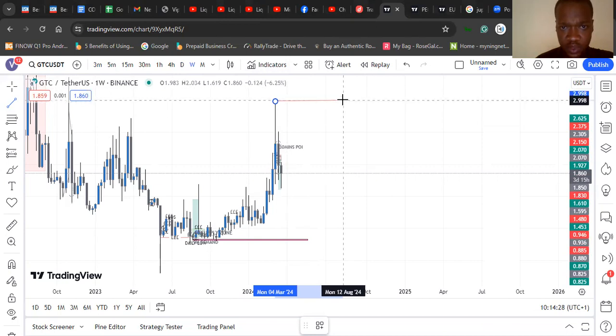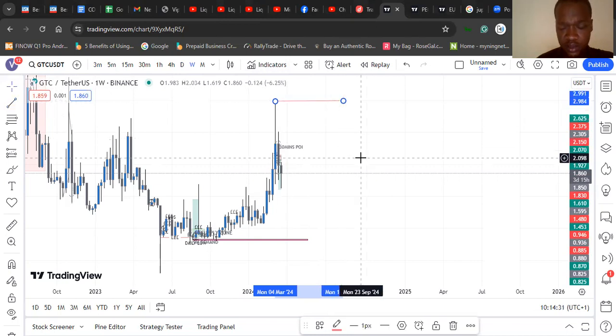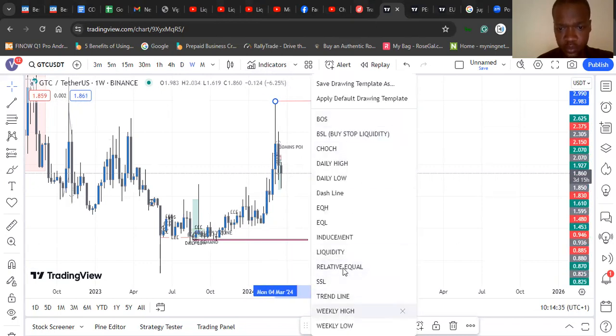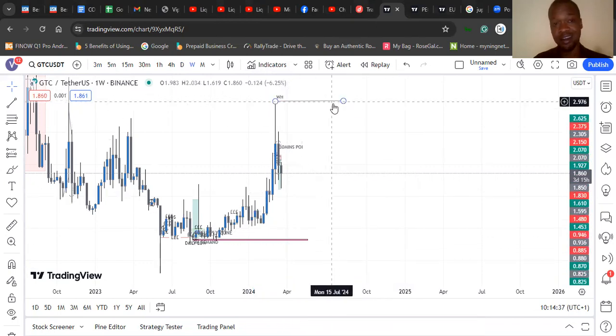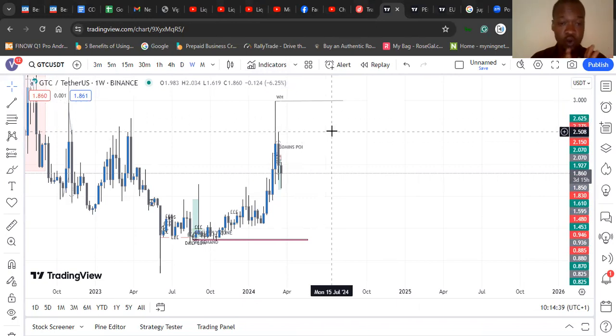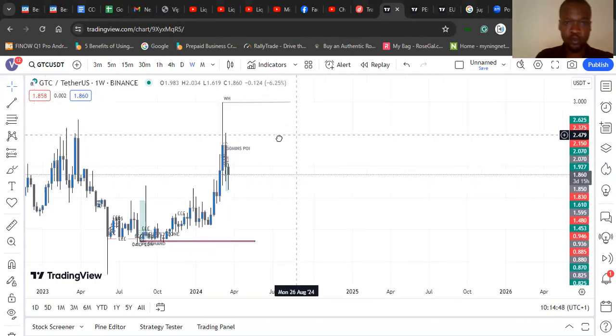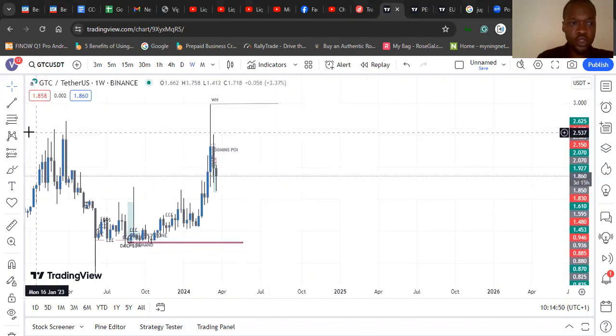Price has already given us a weekly high here. Now this is on the weekly time frame. We're going to analyze from the weekly down to the lower time frame, and I'll tell you the importance of this weekly.